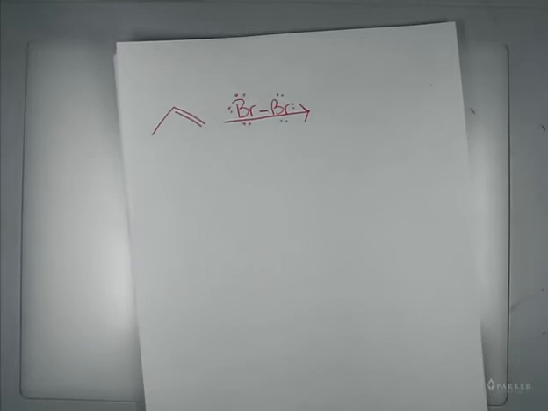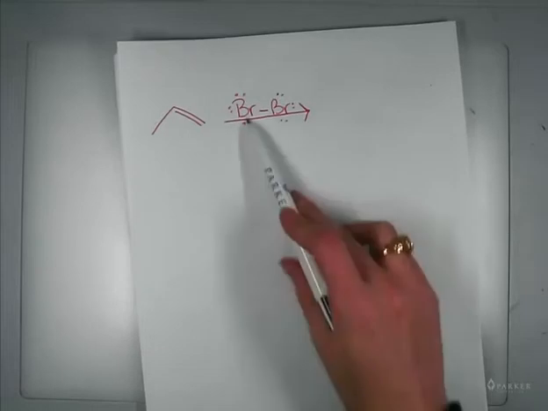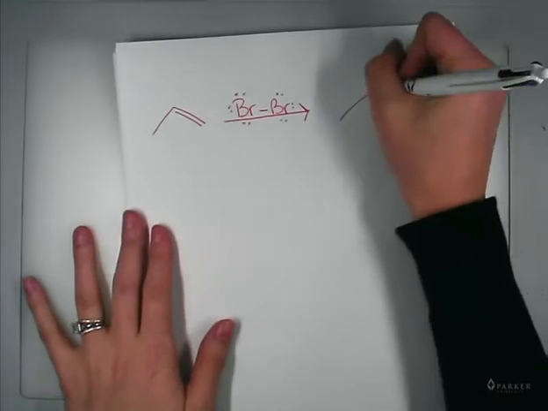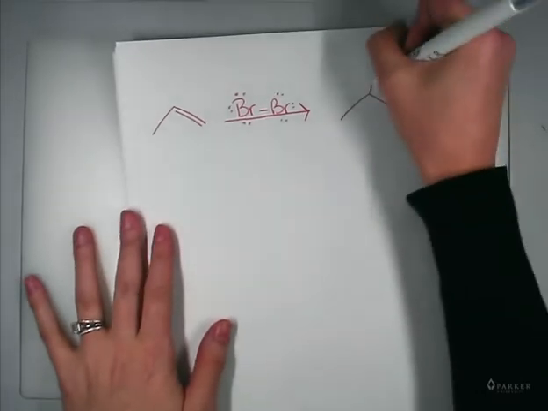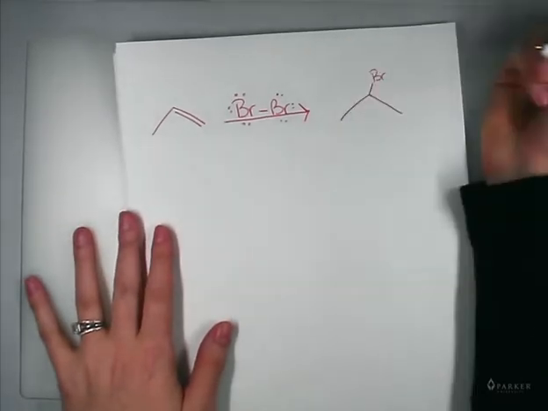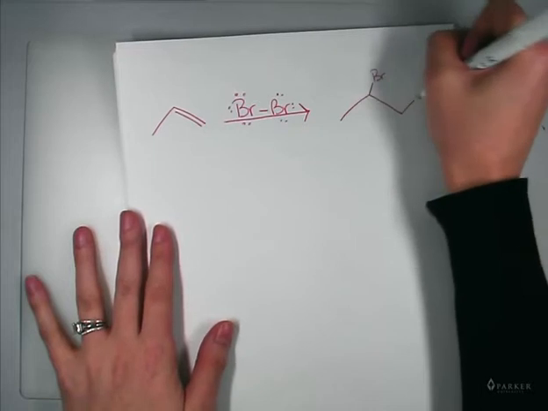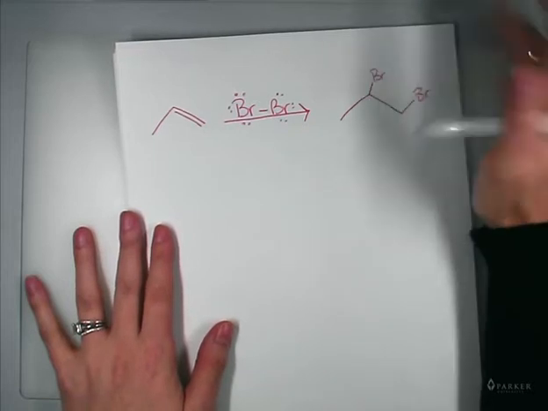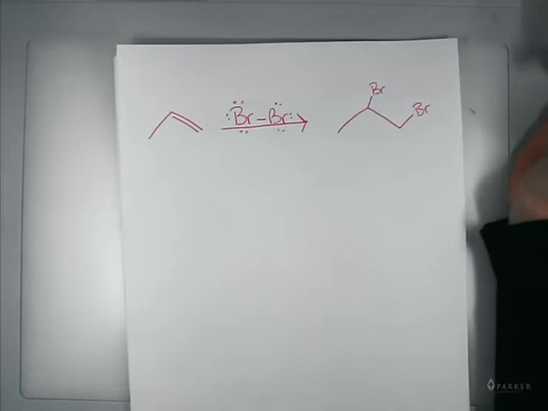I guess if you want to call it Markovnikov, that's fine. But we're adding 2 bromines. So it doesn't matter if we add this one here or there. Bromine's bromine. So we're going to add 1 bromine on one side, another bromine on the other side.